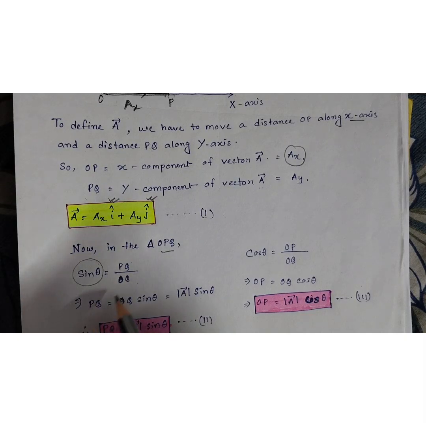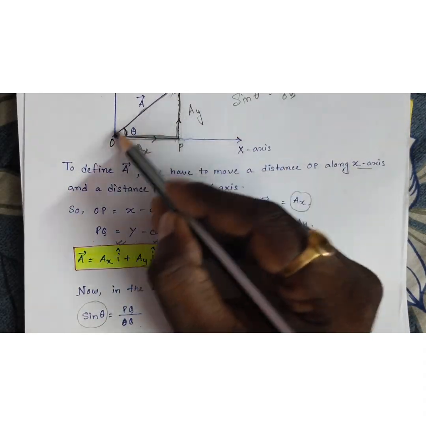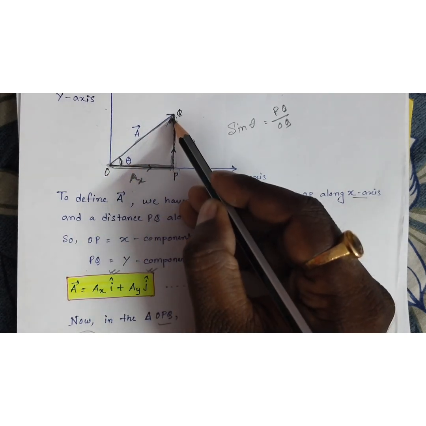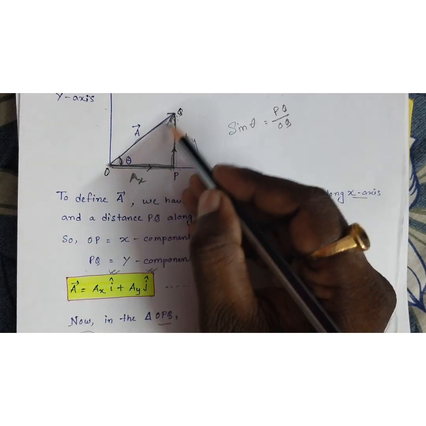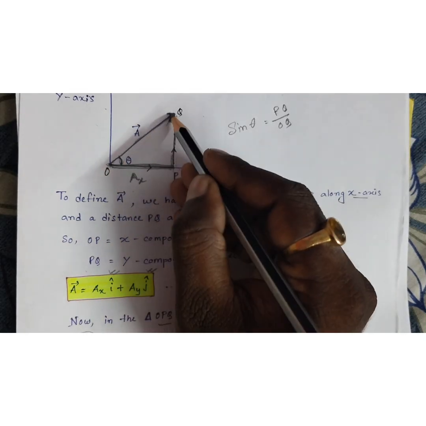Now if we rearrange, then we can write PQ is equal to OQ sine theta. Now what is OQ? OQ is the length of the hypotenuse. This length of the hypotenuse can also be written as the magnitude of A, this is actually the A vector.